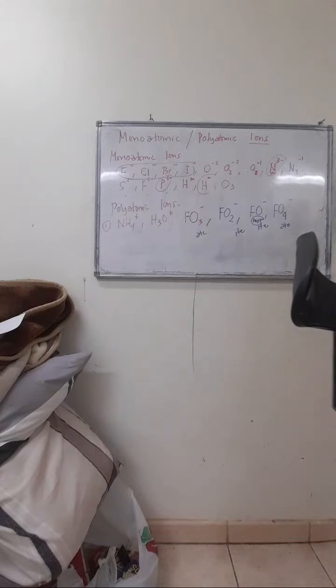So when you use per as your prefix, you need to put 4 as the subscript of oxygen. This is the subscript written at the bottom. You got the point? And the rest will follow, I think so.